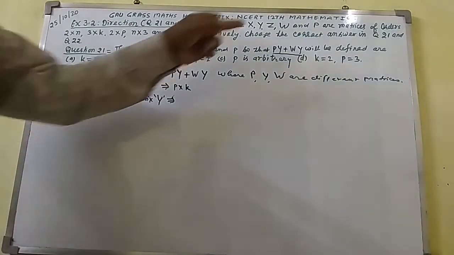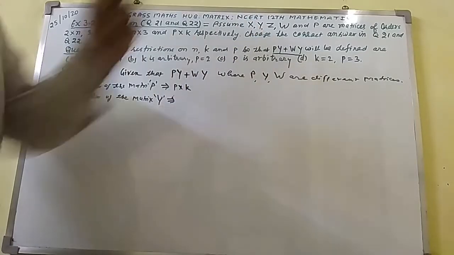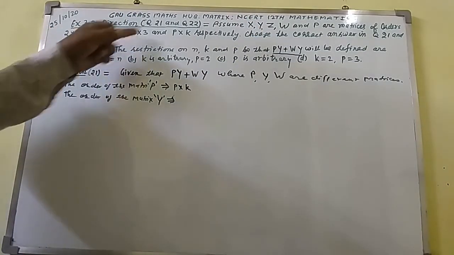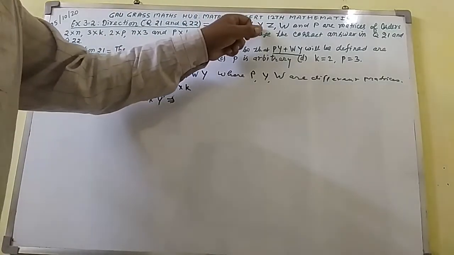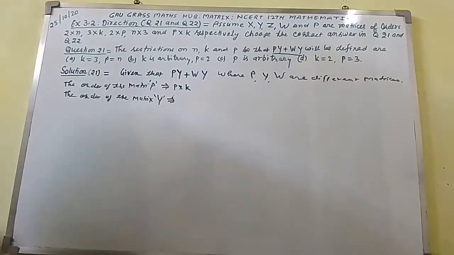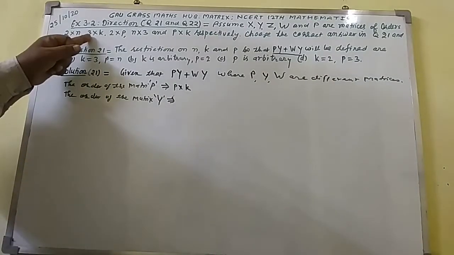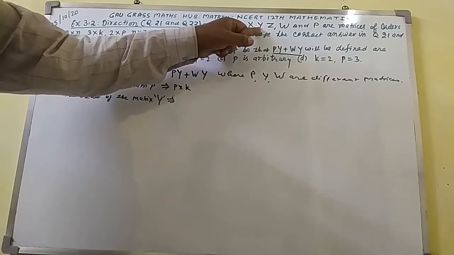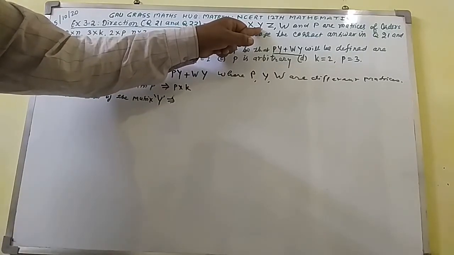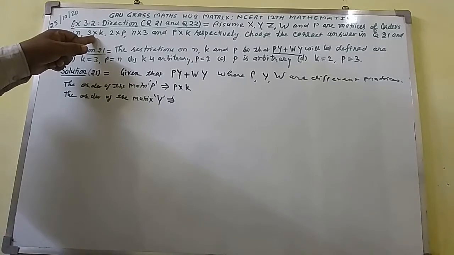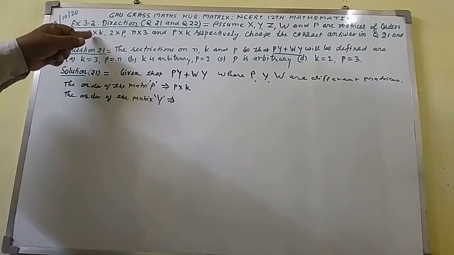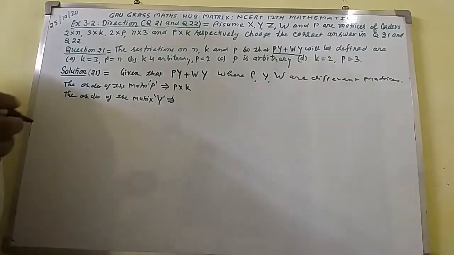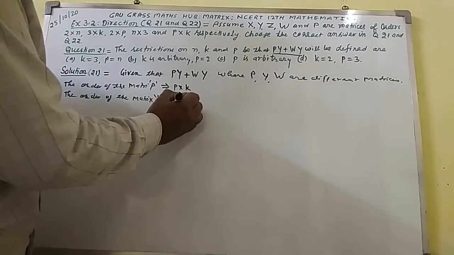From here you count first, second, third, fourth, fifth. The position of Y is second, so the order of the matrix Y will be 3 × k.